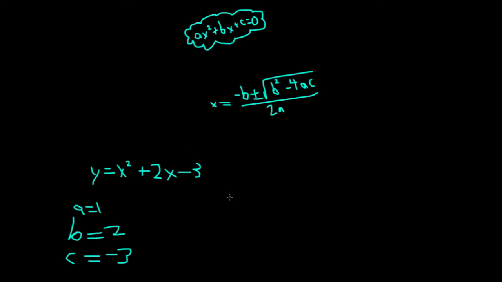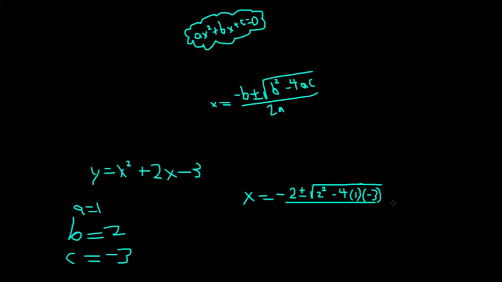So x equals -2 plus or minus the square root of 2 squared minus 4 times 1 times -3.